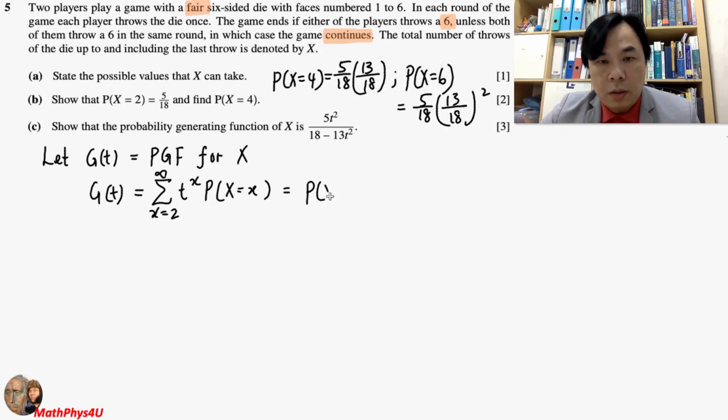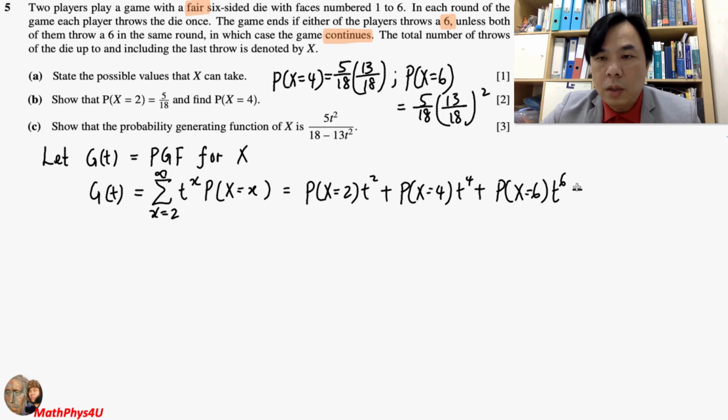So that is typically P(X=2) t squared, P(X=4) t^4, and then P(X=6) t^6, and so on and so forth, right? And then you'll notice that we have found the probability of X=2, which is 5 over 18. So I'm going to write down that as 5 over 18 t squared here.